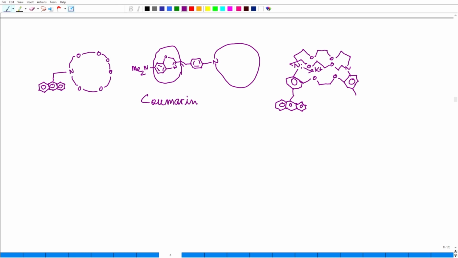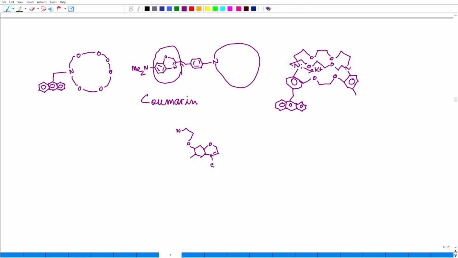And then this one is also known with coumarin. With coumarin, this is also known. CF3.